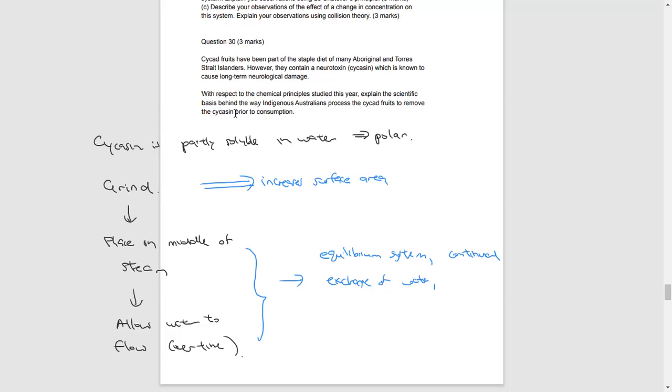So the equilibrium is constantly being shifted into the solution side so that over a period of days or weeks, the concentration gets low enough such that consumption is no longer dangerous. So by Le Chatelier's principle, it favors the solution of the toxin. And therefore that keeps reducing the concentration, which is the aim.